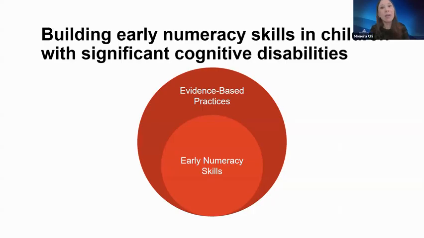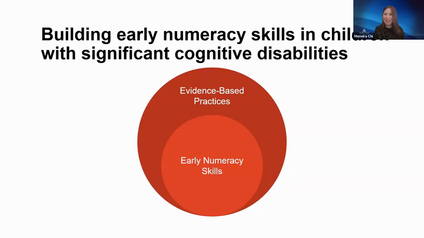So while many early numeracy skills do develop before children have any type of formal schooling, there are some children who may not have these critical skills yet due to a variety of factors. Maybe they have a lack of experiences or exposure within their environment. Perhaps it is cultural or educational.